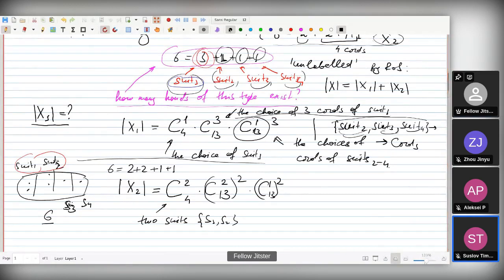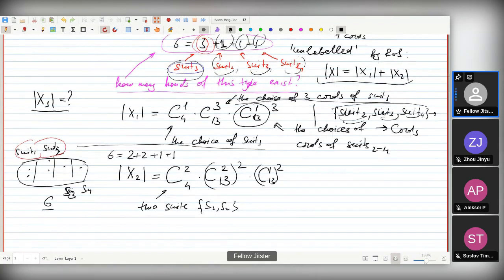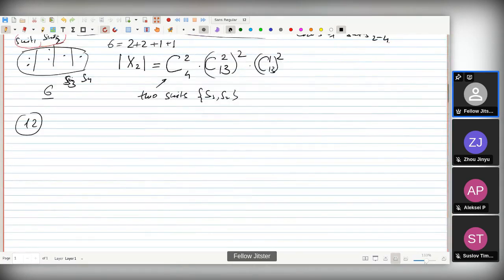Yes. Okay. Now let us continue the line of this labeled partitioning of a set. Let us solve another problem. Consider the word abracadabra.